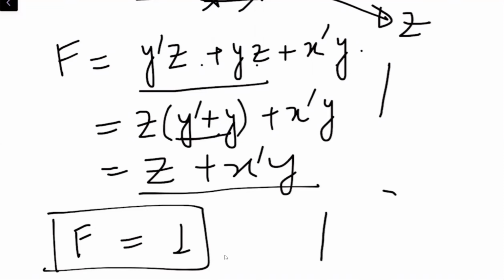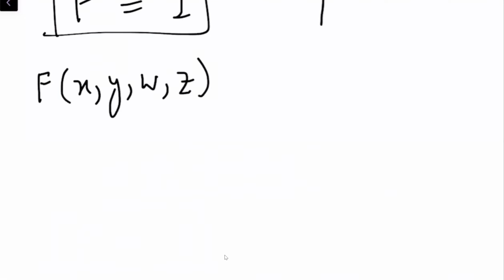Let's go to the four variable K map. If we have four variables in a K map, we say function w, x, y, and z. Let's make it the way it is in the book.